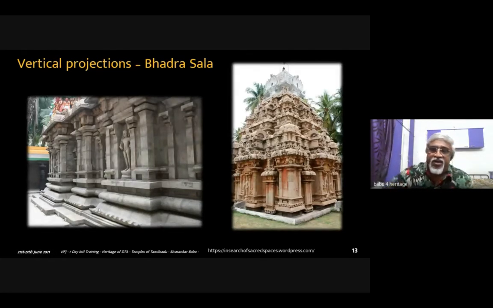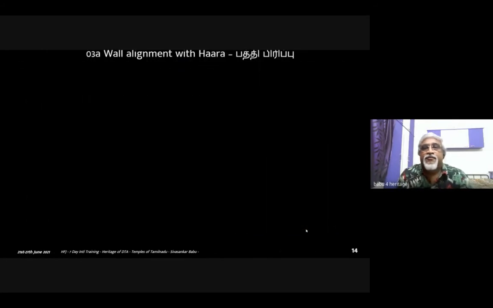Later on, for each type of projection, they changed the Adhisthana into different formats, so that the central projection will have one type of Adhisthana, and the corner ones will have a totally different type of Adhisthana, just as a variation. So they played around in all dimensions, in all combinations.